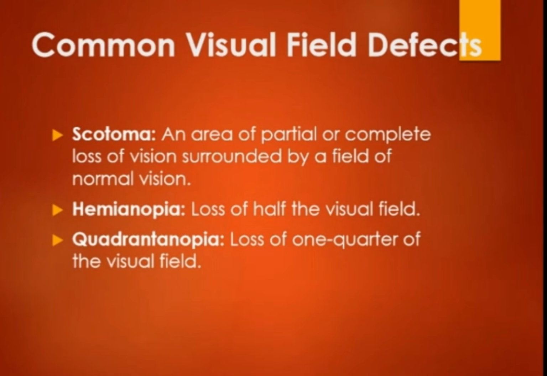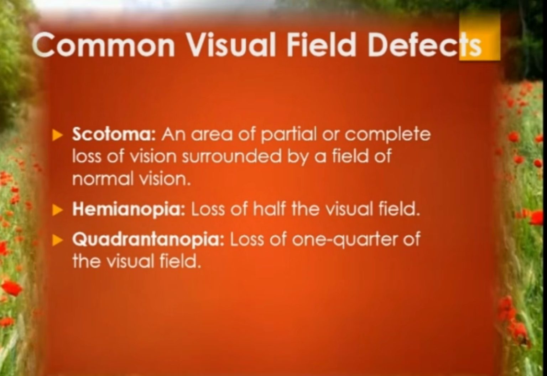You can say it's an island of unseen surrounded by an island of seeing. We have the hemianopsia, which is loss of half of the visual field. We also have the quadrantanopsia, which is loss of 1/4 of the visual field.